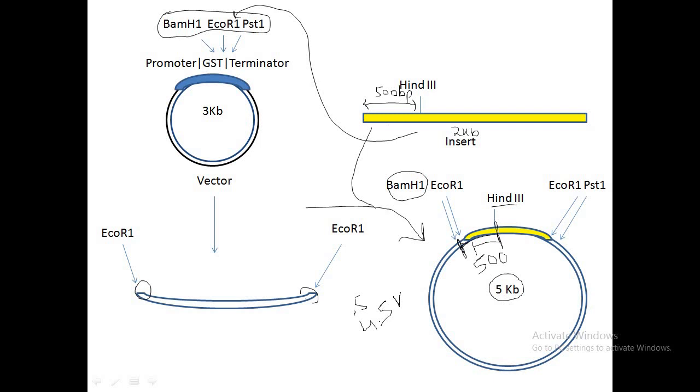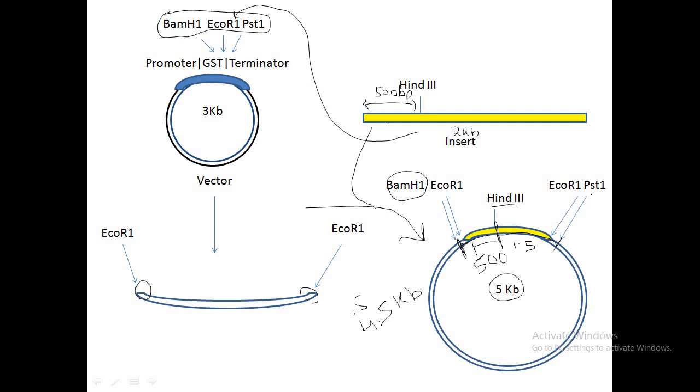In the next part, they performed the digestion with HindIII and PstI. You can see this PstI is located downstream of this HindIII, and the distance between them is 1.5 kb. Because the size of the insert was 2 kb and HindIII is located 500 base pair downstream, if you subtract 500 base pair from 2000 base pair, you are left with 1500 base pair, which is 1.5 kb.